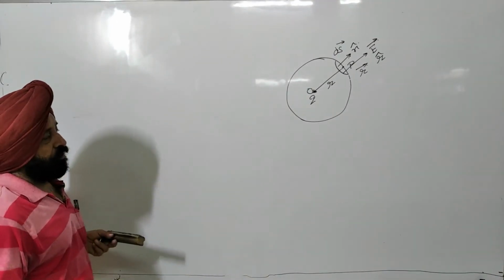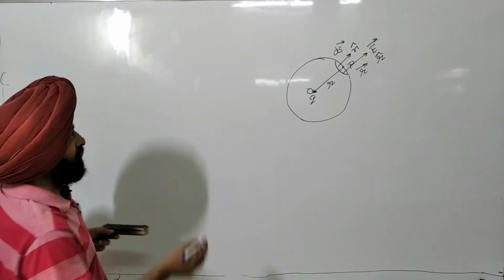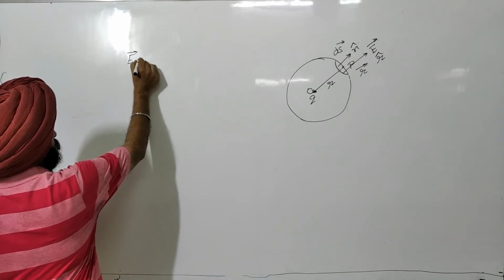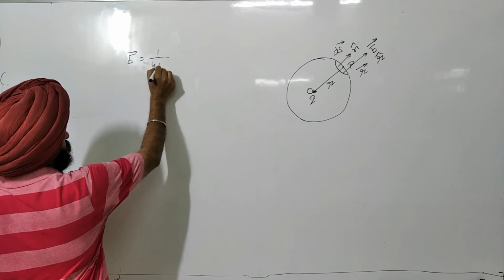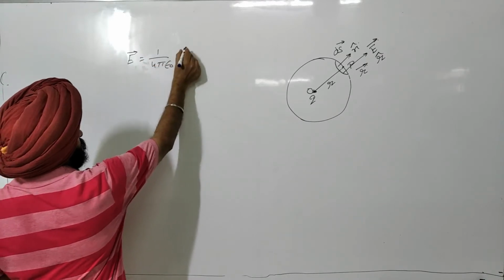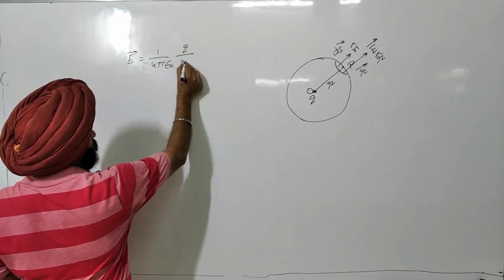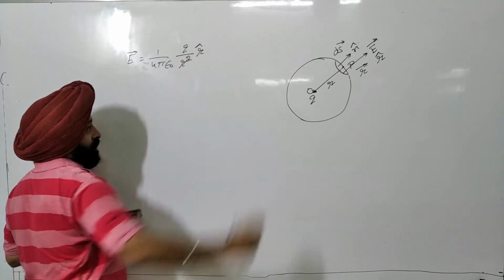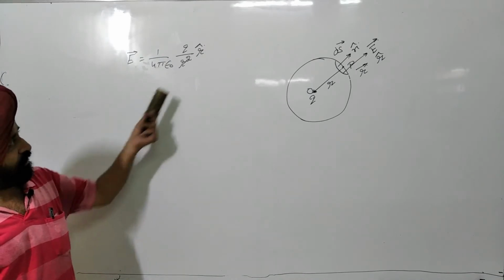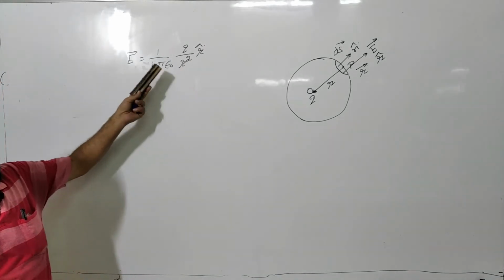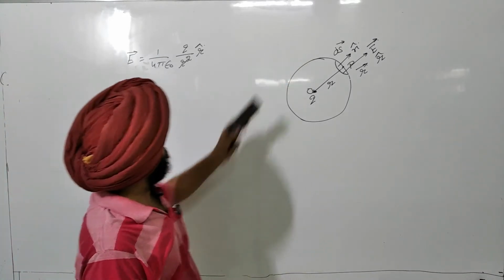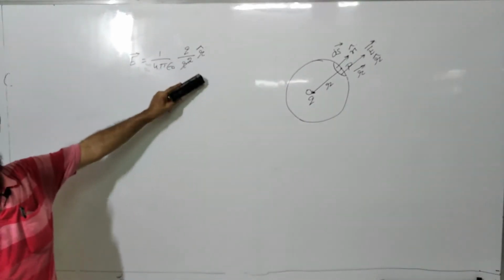The electric field intensity at the point is E equal to 1 over 4 pi epsilon 0, q upon r square into r cap. That is the direction of the electric field intensity at the point P on the surface of the sphere, with r cap a unit vector.